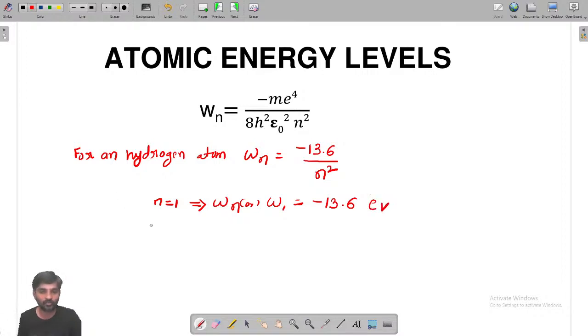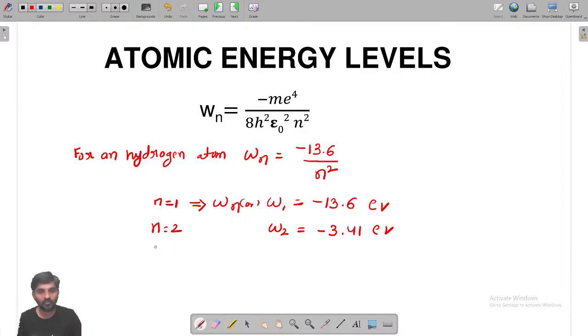So for n is equal to 2, if you substitute n is equal to 2, that is W2, what you will get, sir? Minus 13.6 by 4, almost you will get minus 3.41 electron volts.